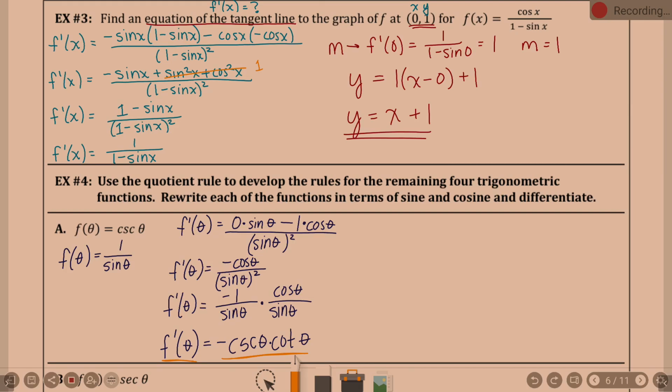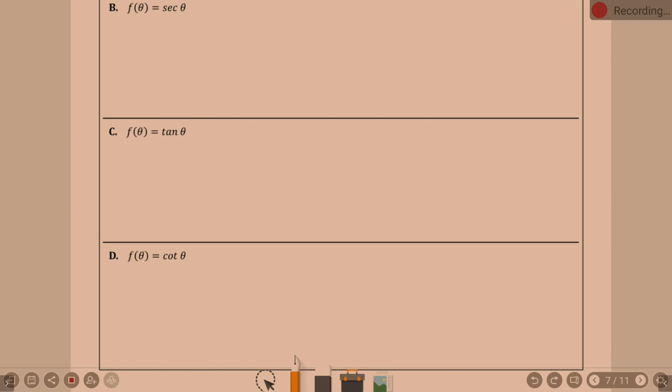Now, we can do this with all of them. And on a normal day, I definitely would. Now, there's part of me that says if you know the derivative of cosecant, you kind of know the derivative of secant. They relate. I'm just going to tell you the derivative of secant if you can handle that.